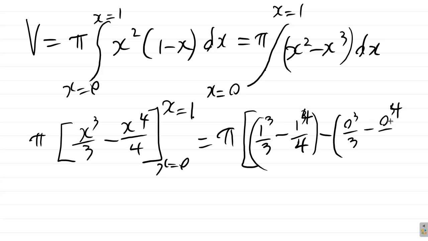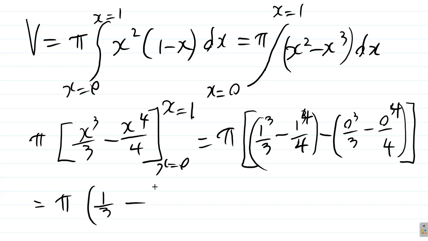Alright, my mistake there, over 4. So it is pi times 1 cubed is 1 third, minus 1 to the 4th is 1/4, minus 0, because this will amount to 0.